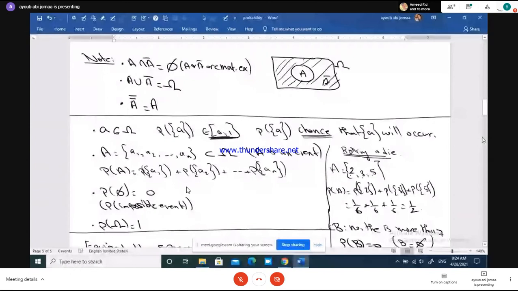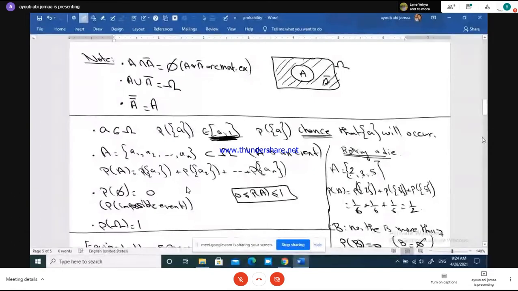The value of the probability should be in which two numbers? Between 0 and 1. Probability of any event should be between 0 and 1. ممنوع تكون outside this interval.